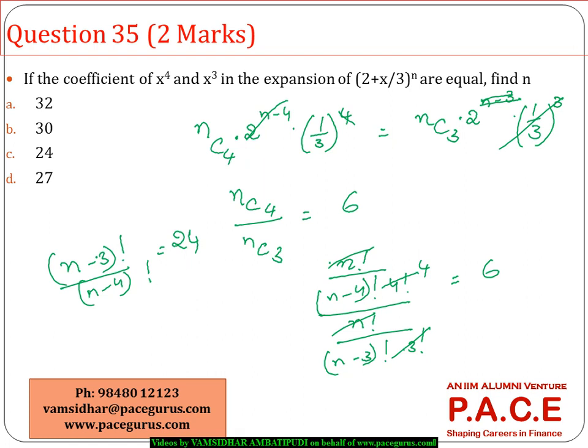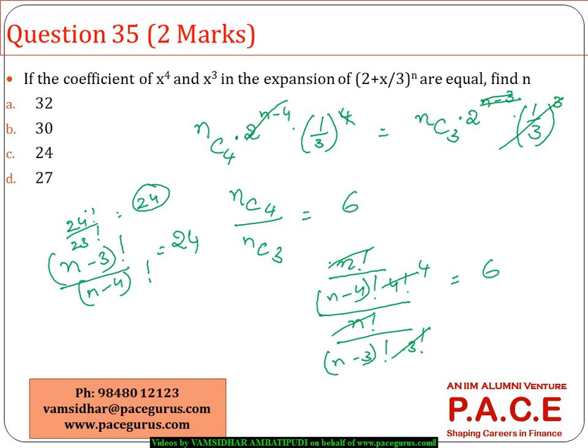The only way this works is, probably, when the numerator is 24 factorial and the denominator is 23 factorial, then only this will work out to 24, right? Because it is a difference of only 1.